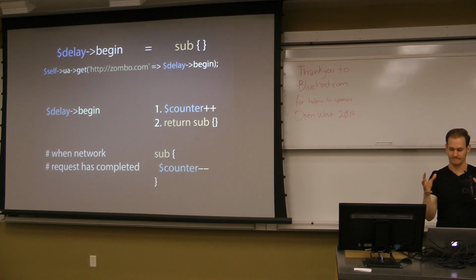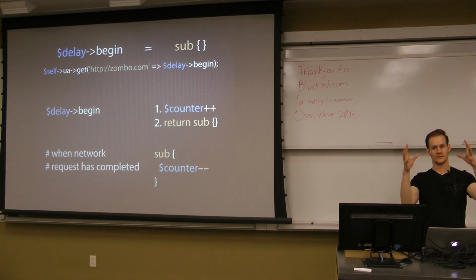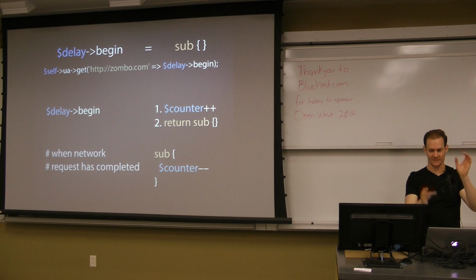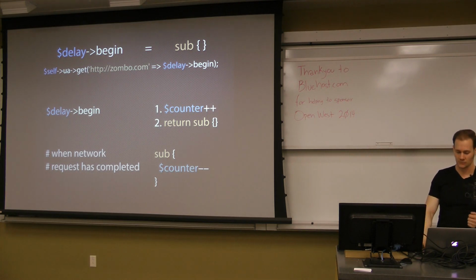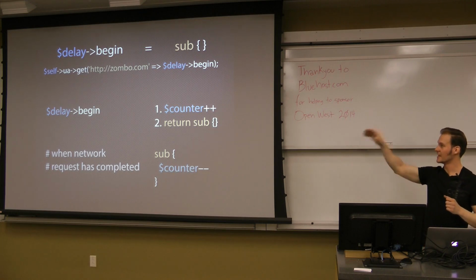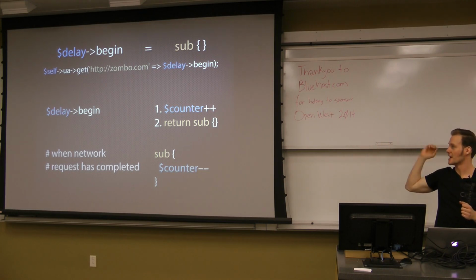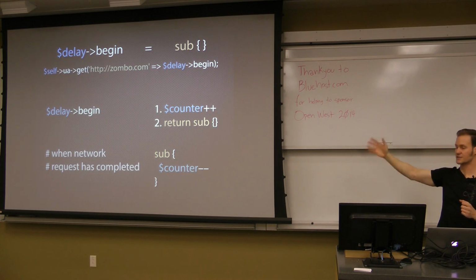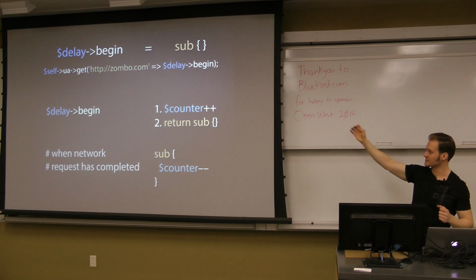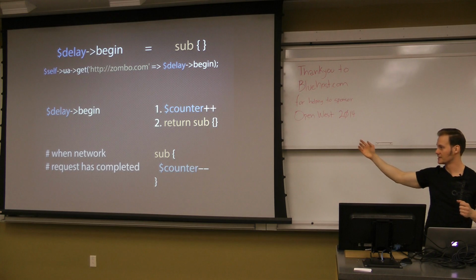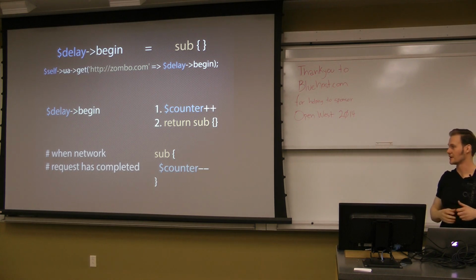They're kind of like one tool that does all the things, whereas promises have separate tools that do separate little things. It's just a design decision. So, again, the begin increments a counter and returns a subroutine. When the network request is completed, the subroutine is called and the counter is decremented.